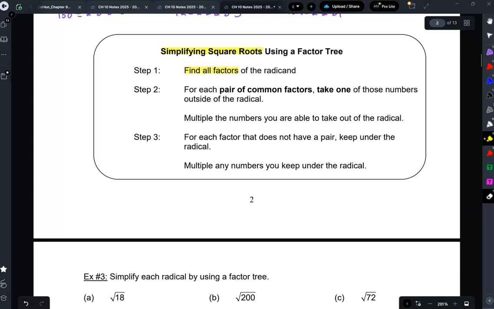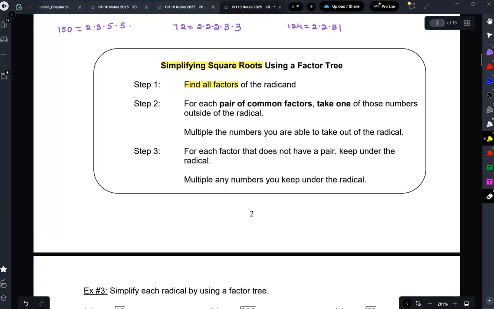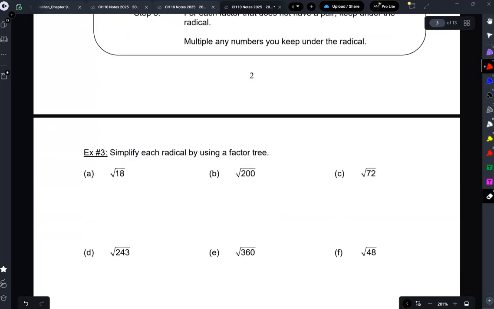First, you find all factors, and then you pair the common factors. For each pair, you take 1 outside the radical. Multiply the numbers you take out, and then whatever is inside, you keep them as well. All right, you multiply those as well.